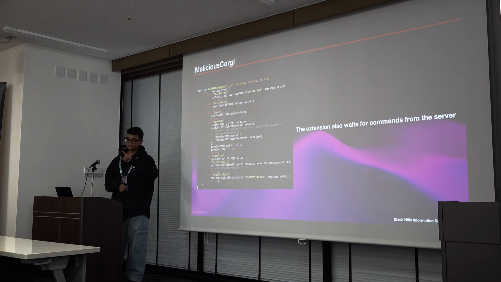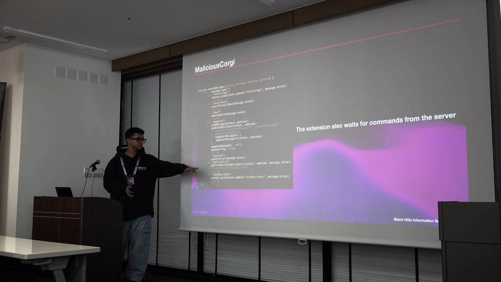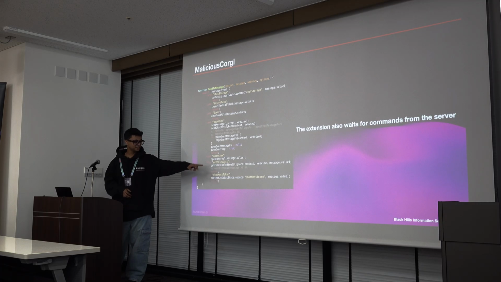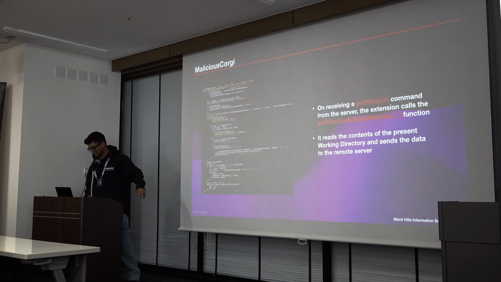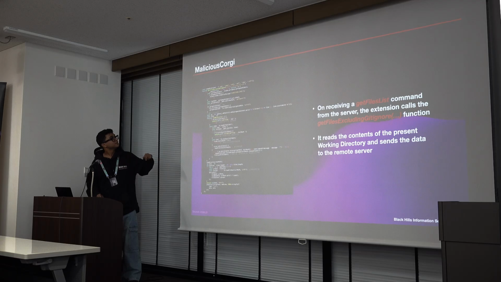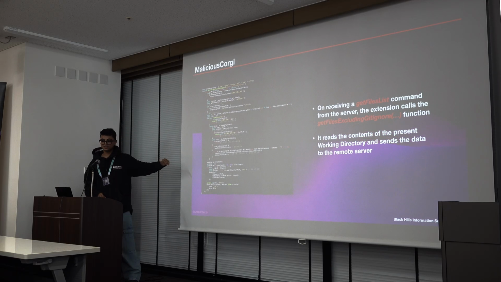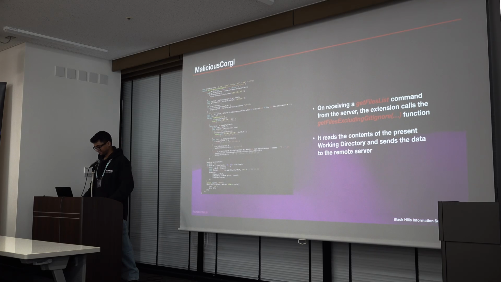One of the interesting functions here is, whenever the server sent a response with get file list, it would call a function called get files excluding git unit. So if we look here, this iterated through your entire directory, read every file and exfiltrated it back to the server, which includes your secrets, all your sensitive code files and everything.